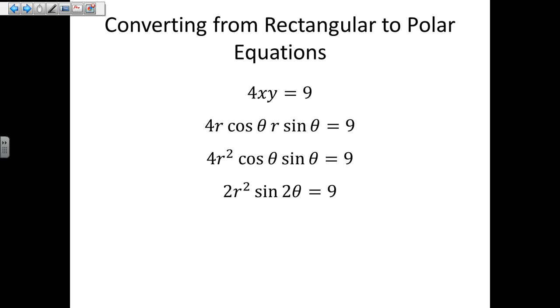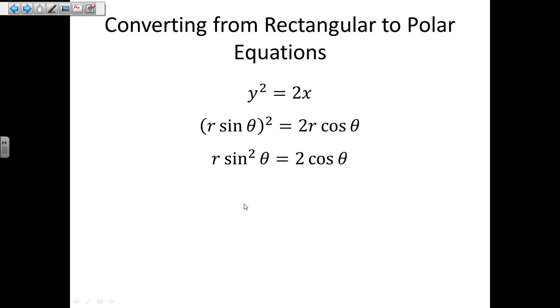What it's equal to is sine of 2 theta. Now, why is this preferable rather than the stuff above it? Why is sine of 2 theta preferable to cosine theta sine theta? Really, if we can get two trig operations down to a single trig operation, that's always preferable. So using a trig identity, we got it from a cosine times a sine down to just a single sine.